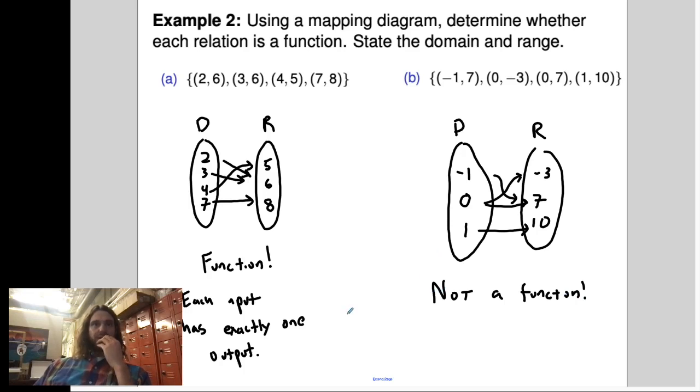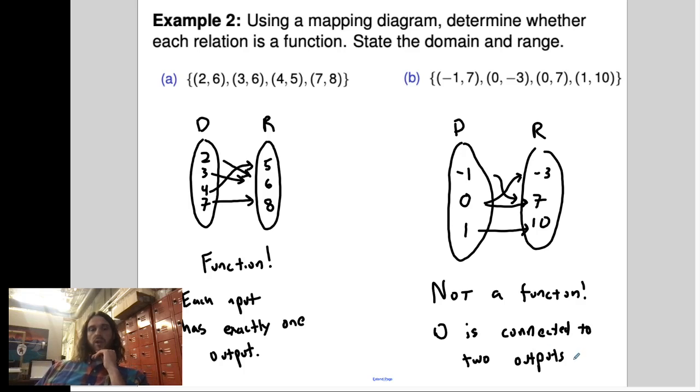Why isn't it a function? It's not a function because the input 0 is the problem. 0 goes to two outputs.